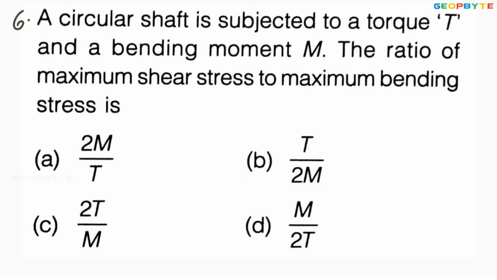Look at the sixth problem. A circular shaft is subjected to a torque T and bending moment M. The ratio of maximum shear stress to maximum bending stress is?